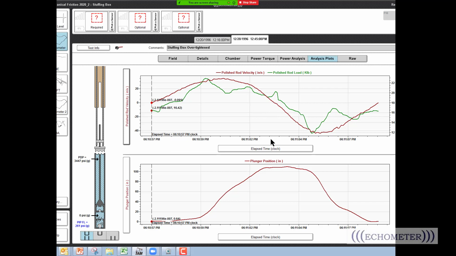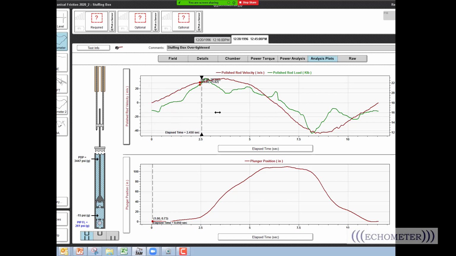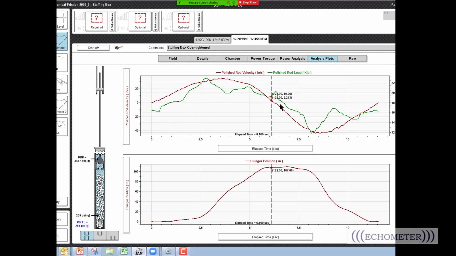If you turn this from being plotted versus clock time, in seconds, to being plotted versus polish rod position, then that little thing right there, well, it's not instant. It starts right about there, at 6.1 seconds, and it goes to right about there, and that time is about 4/10 of a second.